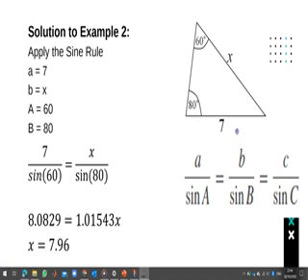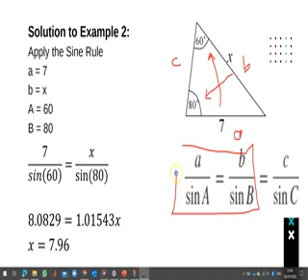We said this is A, this is B, and this is C. We are given the angle for A and also the angle for B, and we want to find the value of B. We apply the sine rule because we have A and angle A, and we are not given B, but we have angle B.